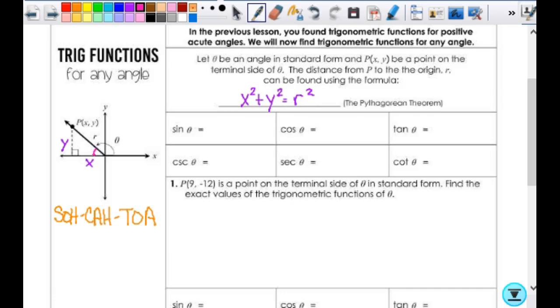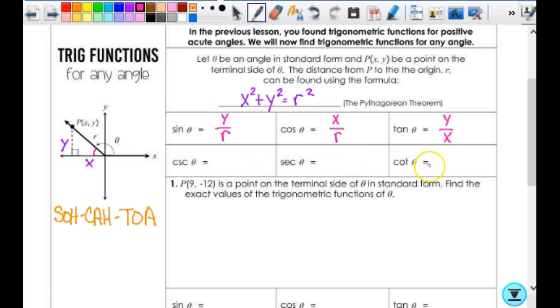We're going to be able to find sine, cosine, tangent, and cosecant. Right? So sine is opposite over hypotenuse, so the opposite is y, hypotenuse is r, so this is y over r. Cosine is adjacent over hypotenuse, so that's x over r. Tangent is sine over cosine, or opposite over adjacent, so that's y over x.